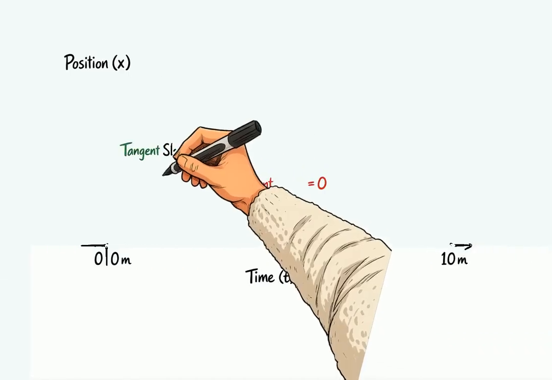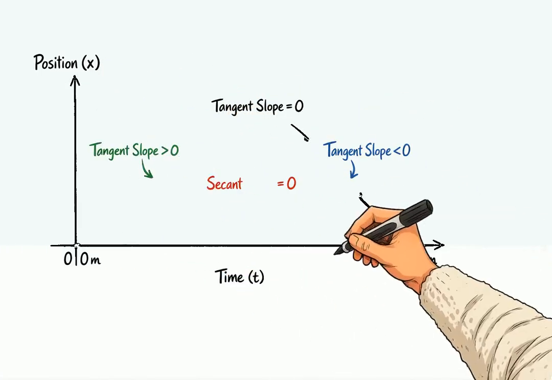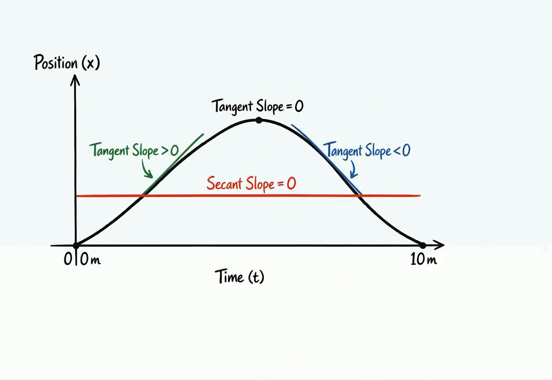The average velocity tells you where you ended up relative to where you started, not how much motion occurred in between. On a position time graph, that motion rises from x equals 0 to x equals 10 meters, and then falls back to x equals 0. The slope is positive on the way out, negative on the way back, and 0 only at the peak. The secant line connecting the start (0, 0) to the end (10, 0) is horizontal, so its slope is 0, matching the average velocity.